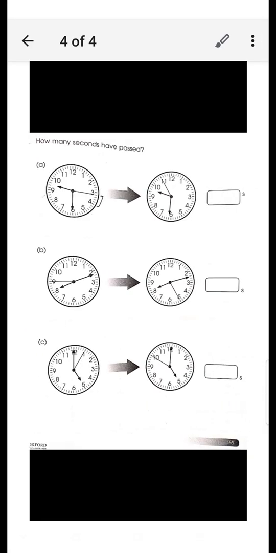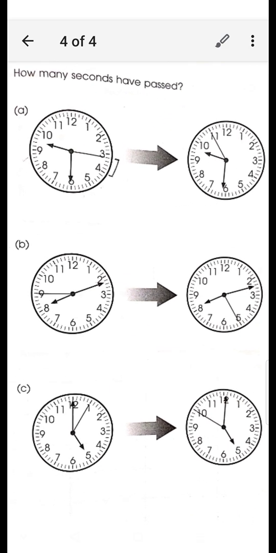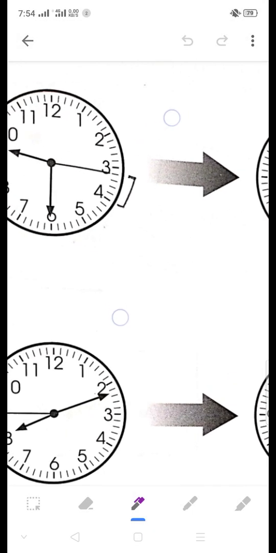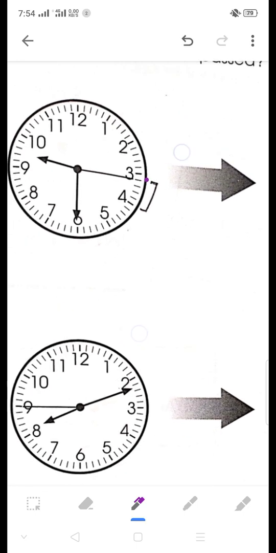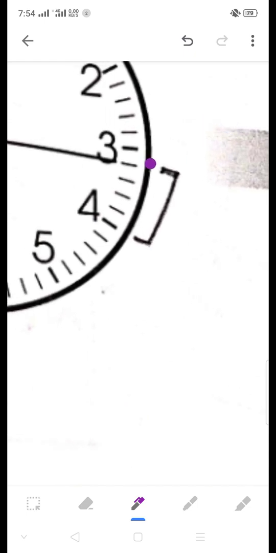Okay, you just have to write how many seconds have been passed. You will count where the second hand is. The second hand is here, and from here to here 1 second has passed, then 2 seconds, then 3, then 4.